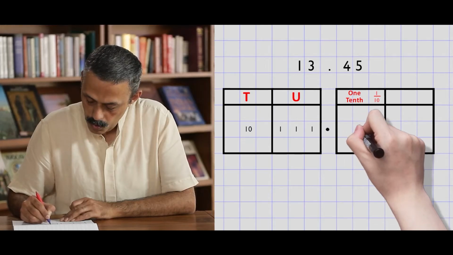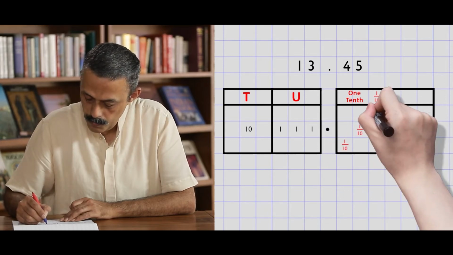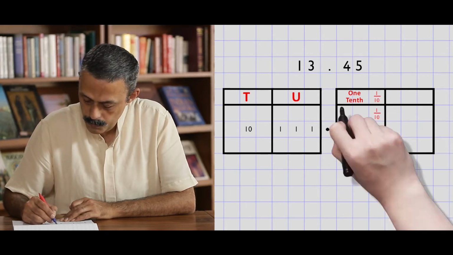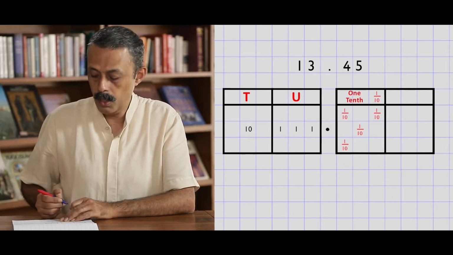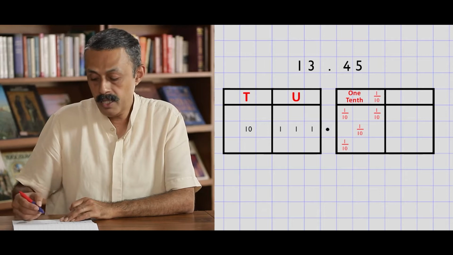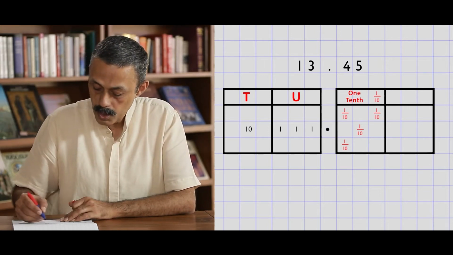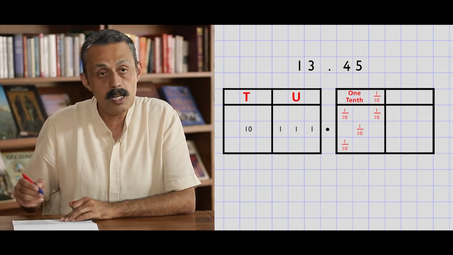This is 1, 2, 3, 4. This is how we write 4 1/10ths in the representation stage, in the representation stage using the square line book.